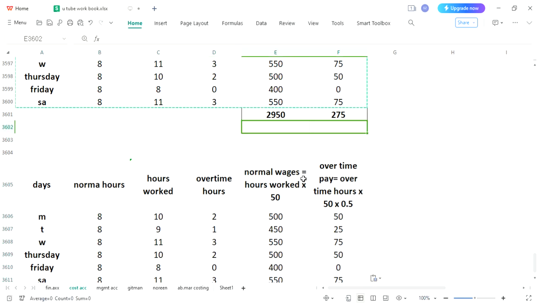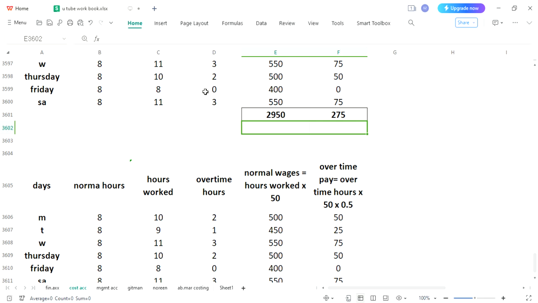You will calculate the total sum of wages of the first worker, and for that you will add your normal wages and the amount of overtime. Normal wages 2950, add overtime payment 275. So this would be the total payment made to the first worker.